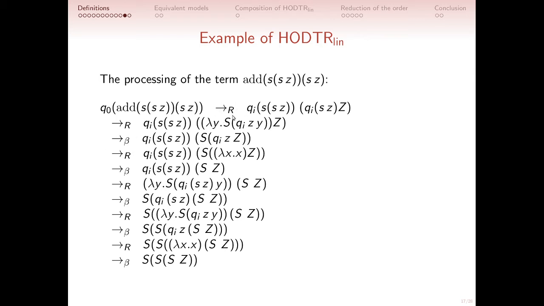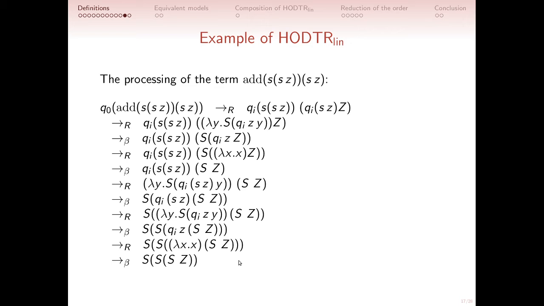You can start by reducing all the rules of the transducer, and this will eliminate the states in the expression, and then do all the beta reduction. Or you can do like this, using beta reduction as soon as the redex appears. Either way you get the same result. Reduction is confluent, so you always get the same result.